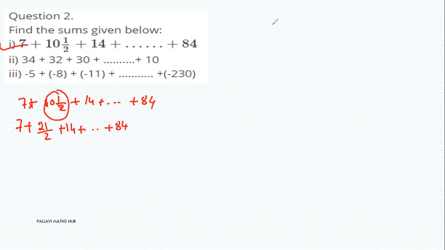Sum means, what is the formula? The sum formula is Sn equals n by 2 into 2a plus n minus 1 into d. Is it right? Yes. You know the value of a.